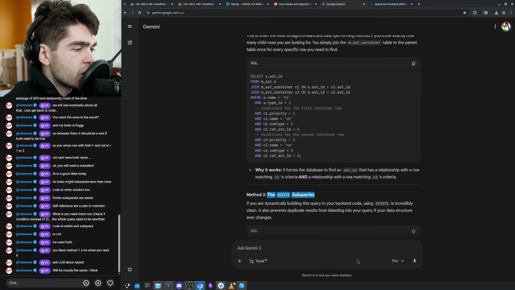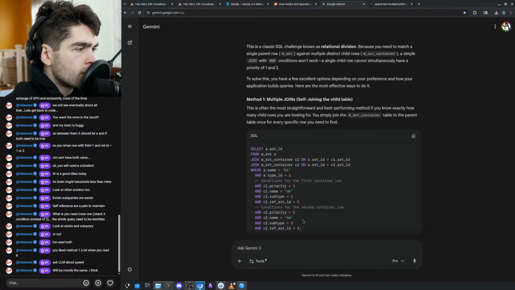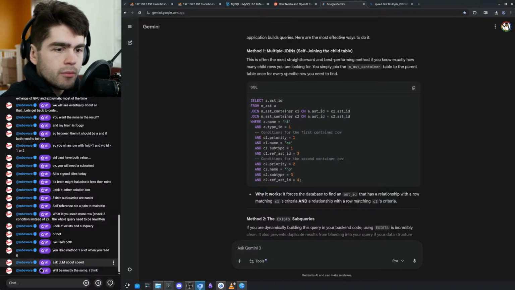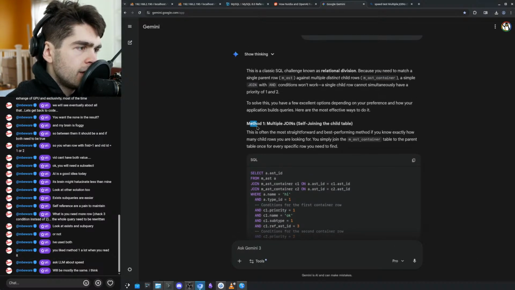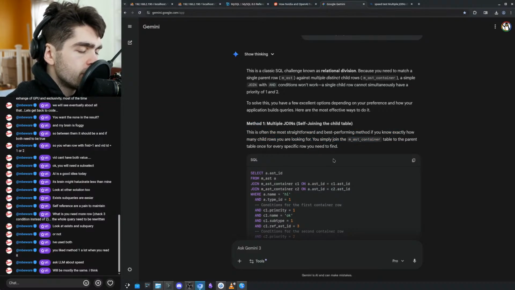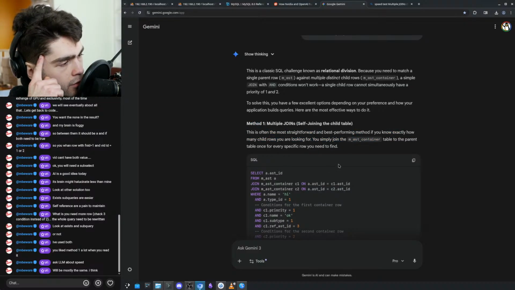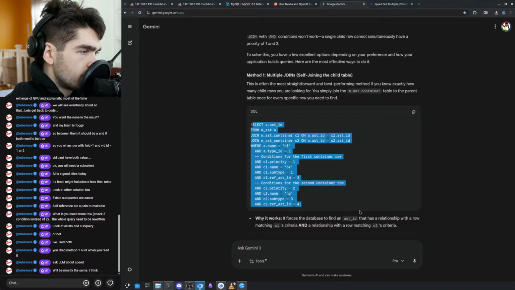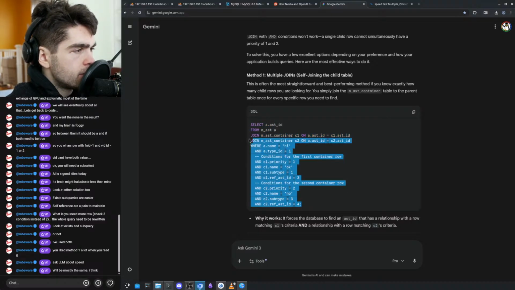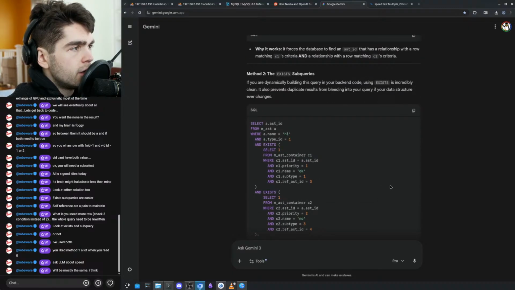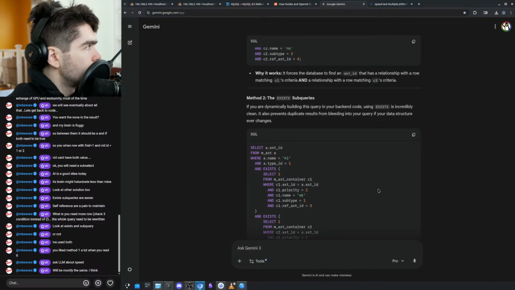I'll just go back and check Gemini next time, and we'll implement this. Ask LLM about speed. The LLM seems to be saying that it's multiple joins, but from the little search we've done, it seems that it depends, so it's worth less to waste our time. We'll implement this tomorrow, or maybe I'll do it tonight, but I won't stream it if I do it tonight. It depends. I don't know.